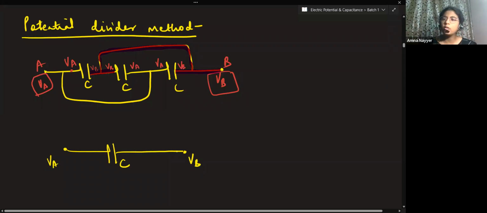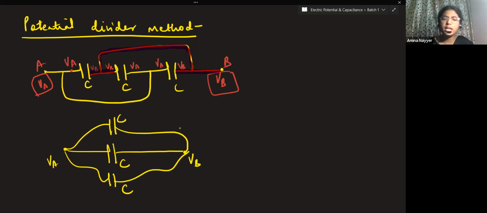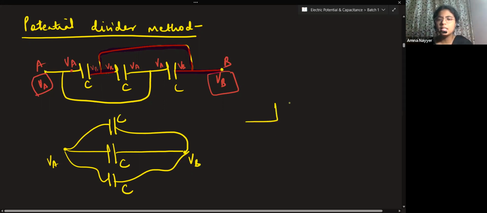So we had taken 2 points, VA and VB. Connect this capacitor also. Why? Because this is coming between A and B, and this is also coming between A and B. Just connect it. Now, if I draw the wire straight, this is basically this case.